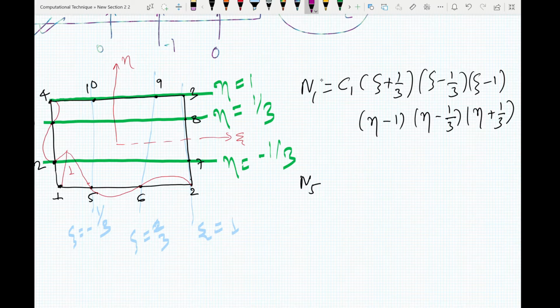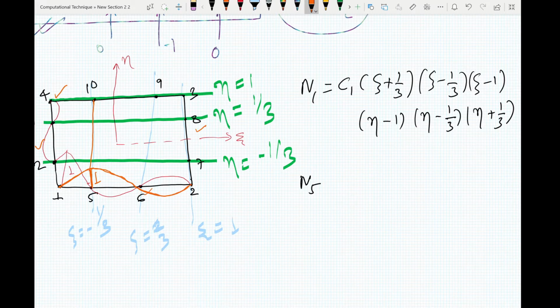Our n5 will be 1 here, and then it should be 0 here, 0 here, and then 0 here, and in the other direction it is linear like this. So for this case you can see here that it must be 0 along this line, along this line and along this line.